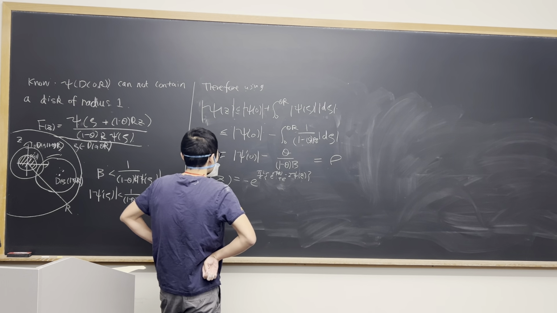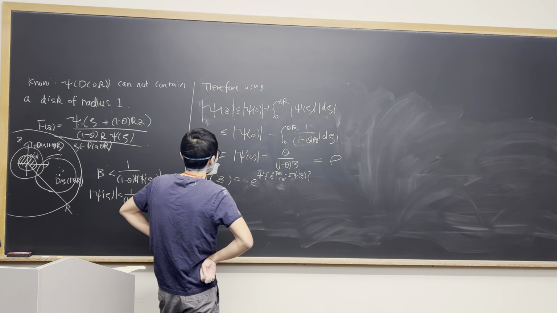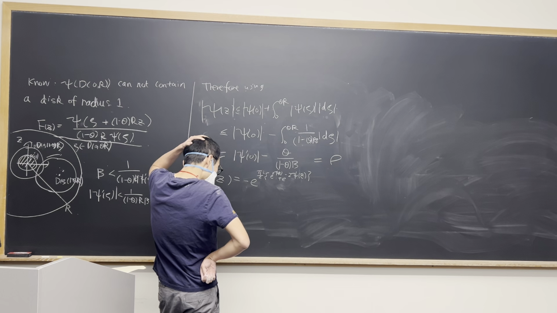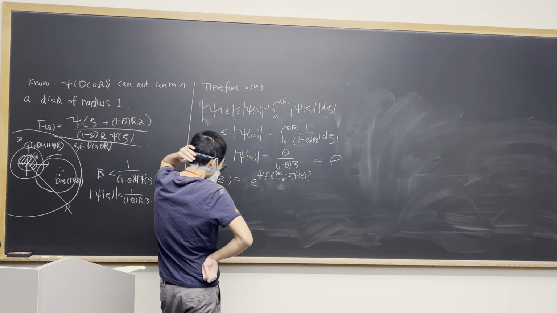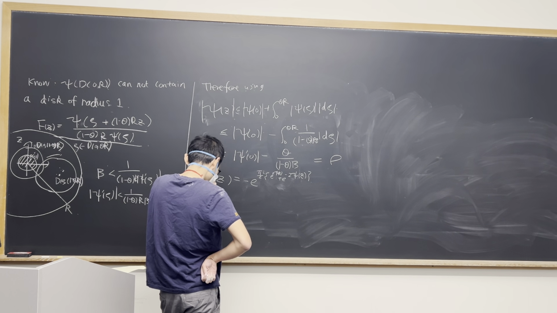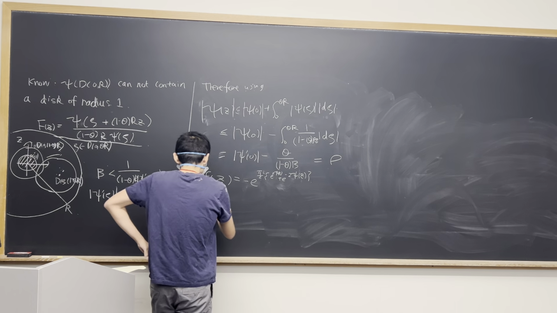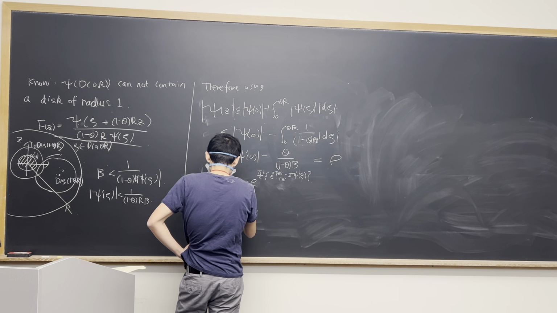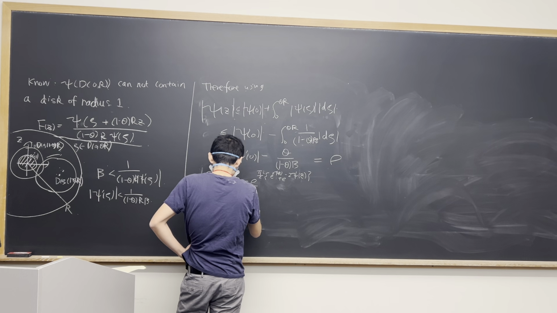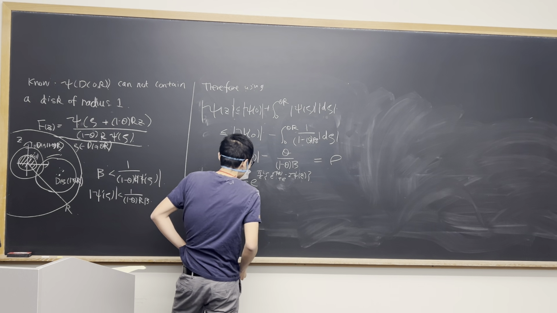Okay, so you have e to the ai plus b, which is equal to e to the ai times e to the b. This is the imaginary part.